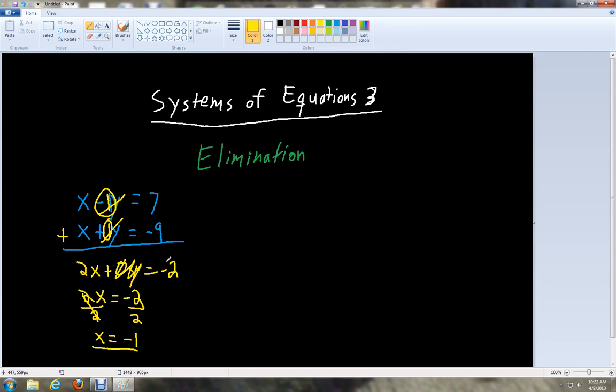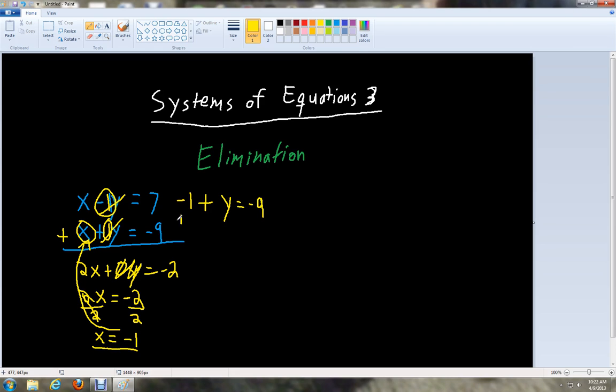So x equals negative 1, and now we can substitute x equals negative 1 back into either of the two equations. So we'll plug it back into, let's say, the second equation. That way we have negative 1 plus y equals negative 9.